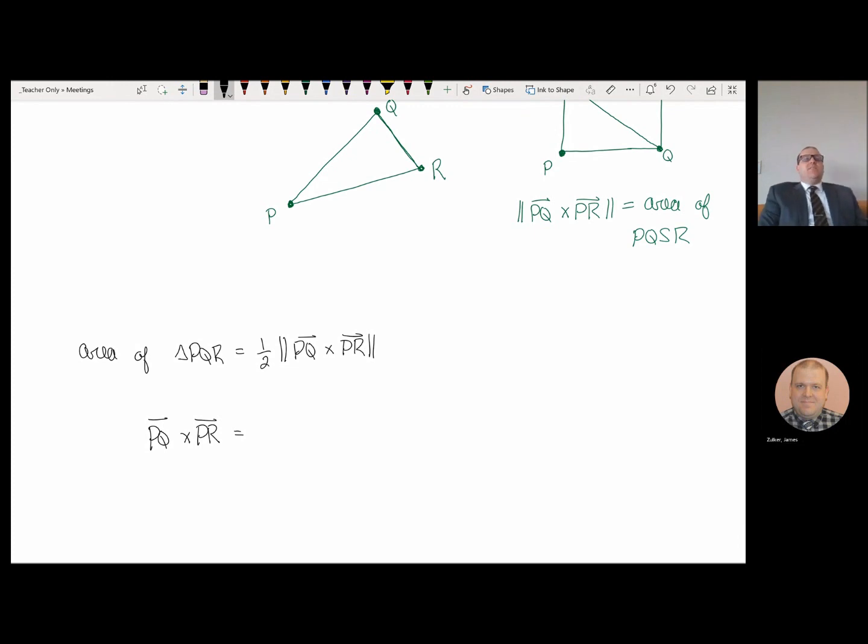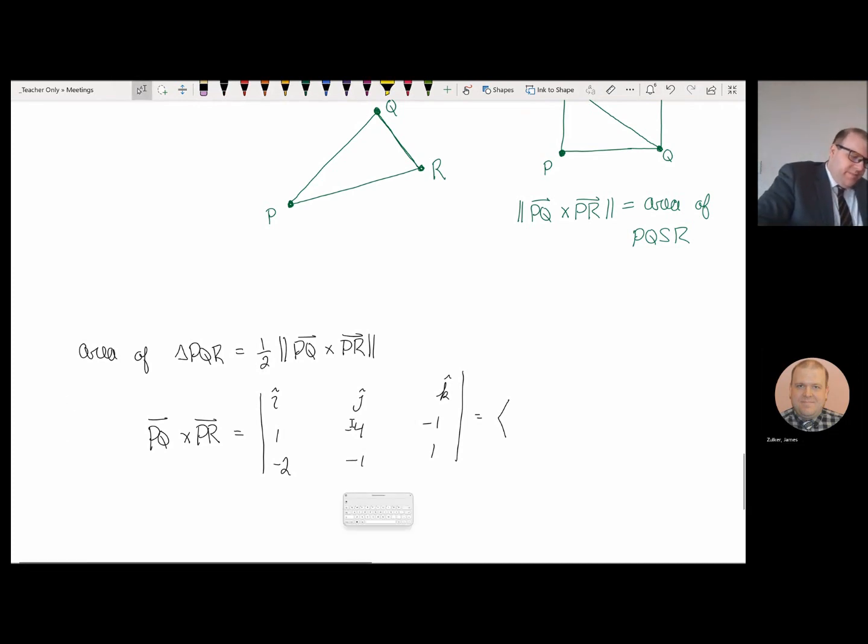That means first we have to find the cross product of PQ with PR, right? 1, -4, -1. I'll write it in component form. So -4 times 1 minus -1 times -1.